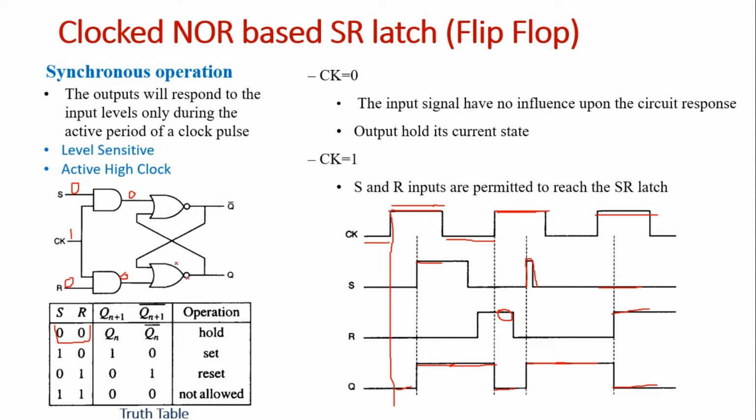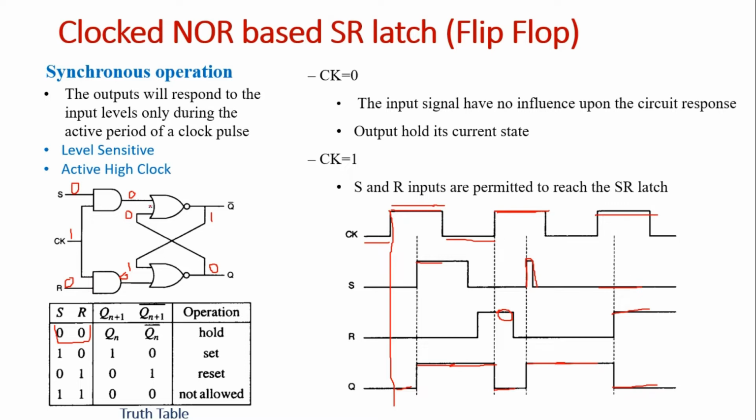Now if we consider that the previous operation had a value, let's say here it is 0 and here it is 1. So the 1 will be over here and 0 will be over here.